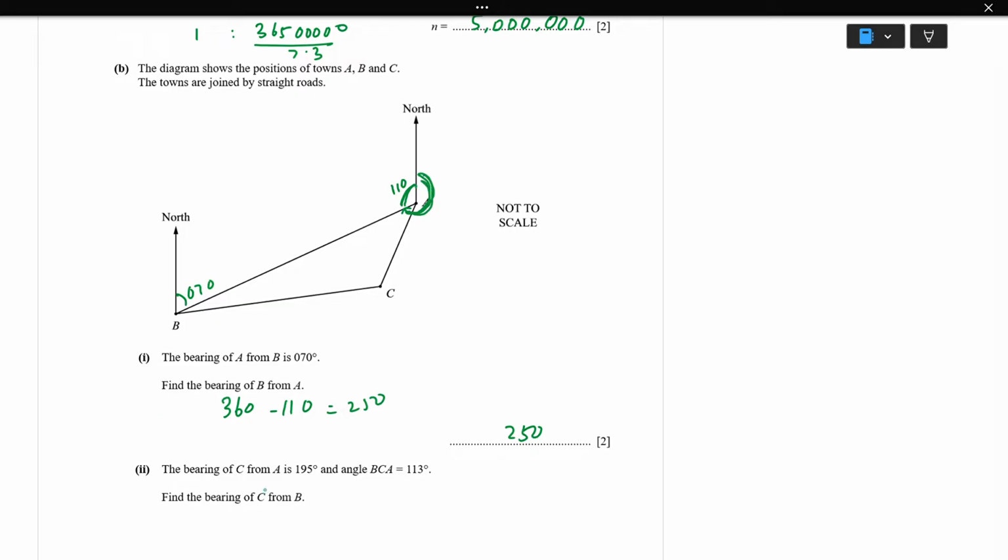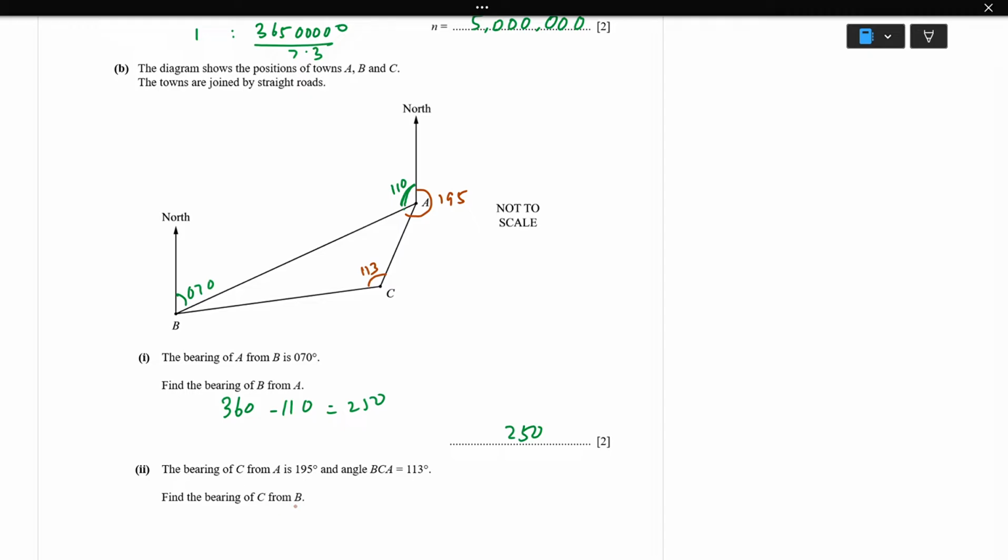So next one, the bearing of C from A is 195. So from here to here, C from A, I will erase this so it will be clear. Here to here is now 195, and the angle BCA is 113.